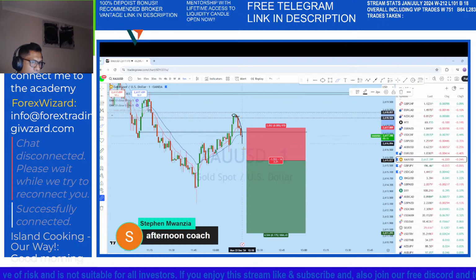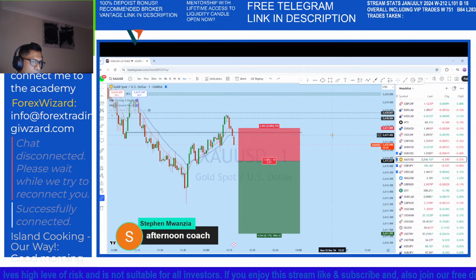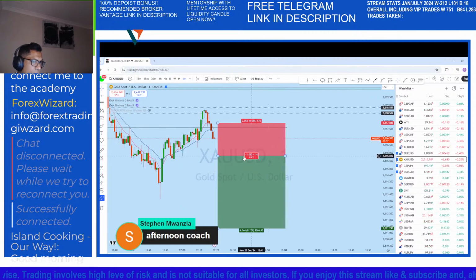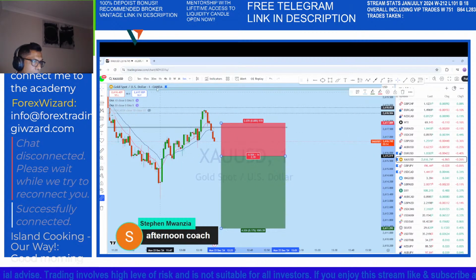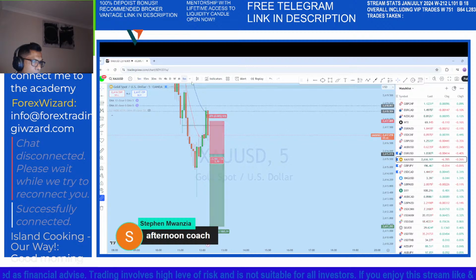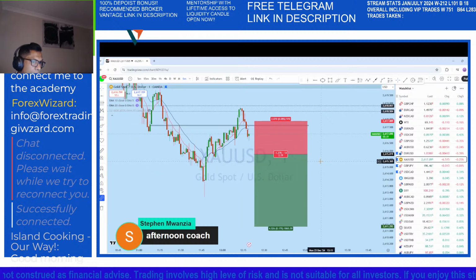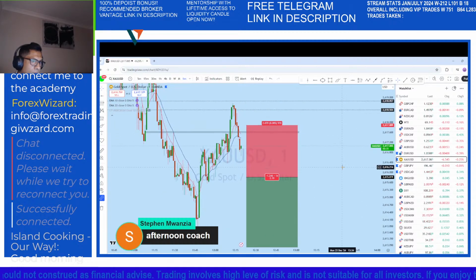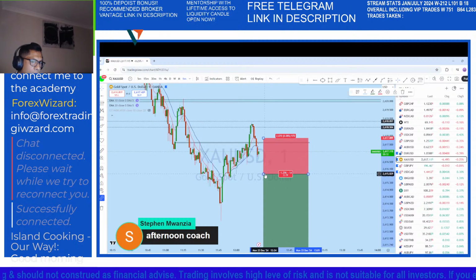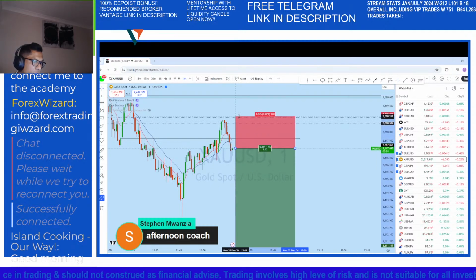You can see that from here, market trying to break below. If we look at here in this area, this is a resistance line.